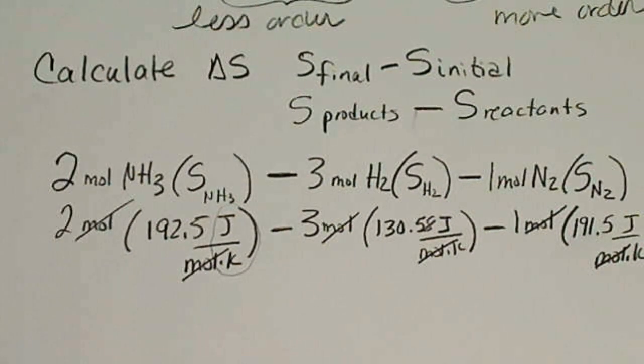So we do this. And we just got to be careful that we do the math correctly. 2 times 192.5 minus 3 times 130.58 minus 191.5.